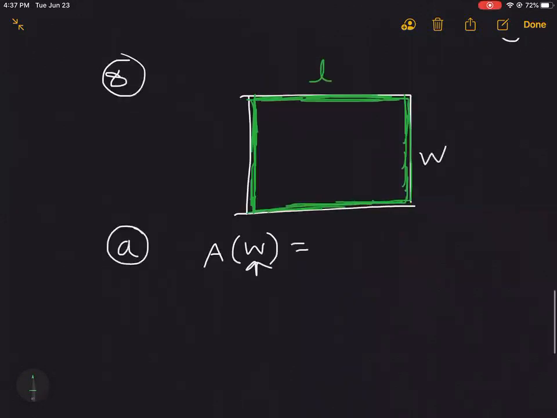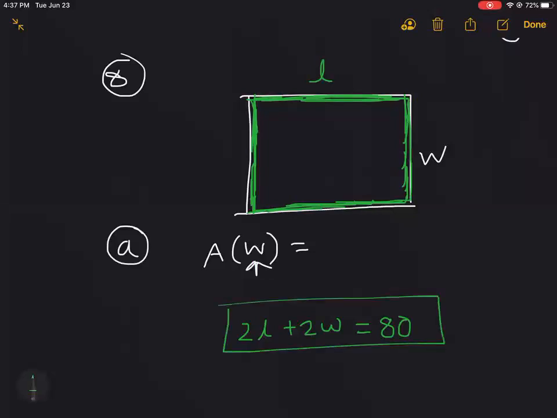And I think it's 80. Let me quickly go back to the question. Yeah, it's 80. So we know the perimeter of a rectangle is this, and we have a fence around this perimeter, which is 80 yards. So that means our perimeter is 80 yards.